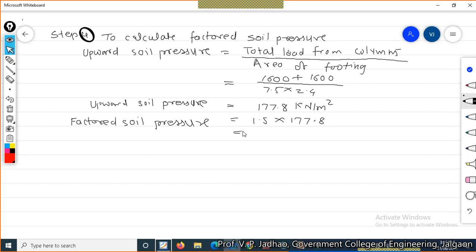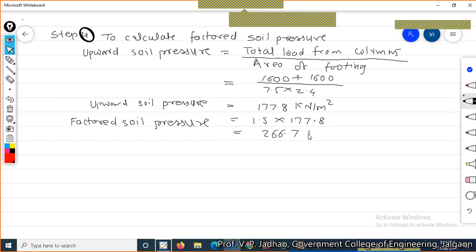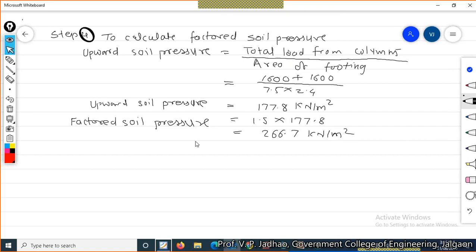So this is how we will be getting the factored soil pressure. It will be 266.7 kilonewton per meter square. So this is the factored soil pressure.